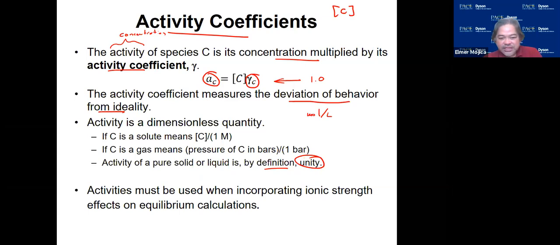Activities must be used when incorporating ionic strength effects on equilibrium calculations. So what does it mean now? We are already taking into account some effects of the other species that we have in a given system.